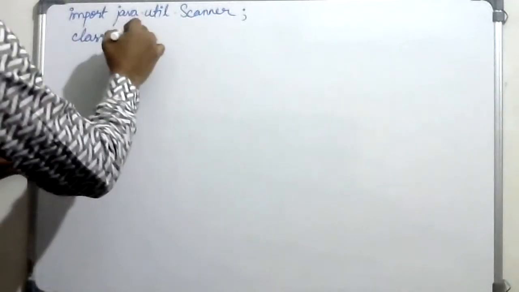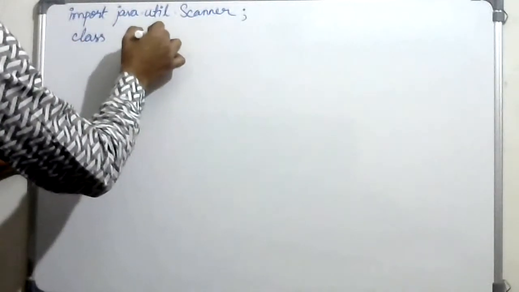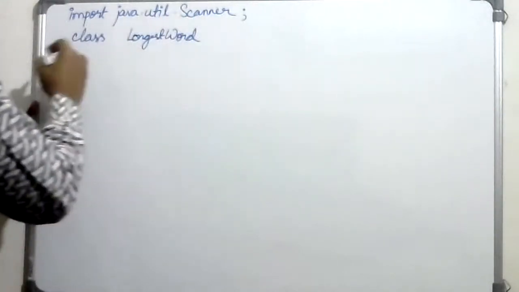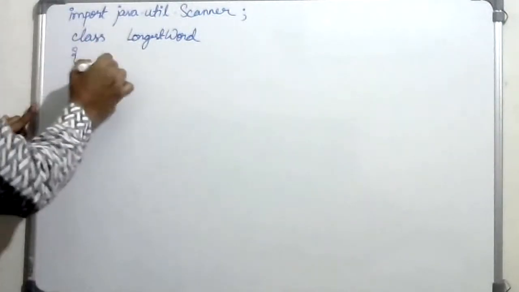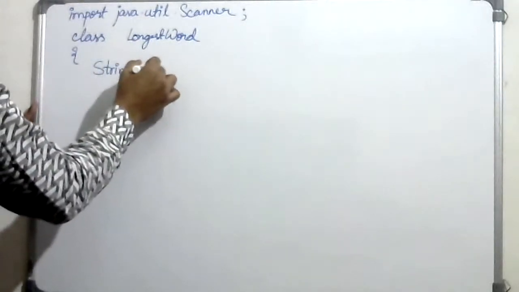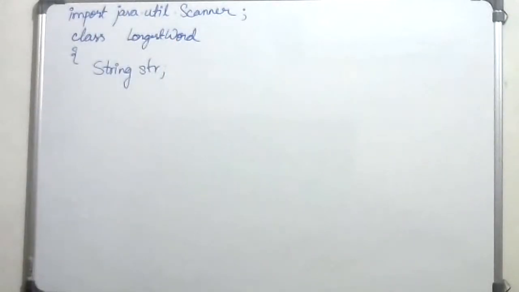Let's call the class longest word. Inside the class we'll have a string variable. Let's call it str. Apart from that, we'll not have any more class variables because we don't need them. We directly go to the input function.